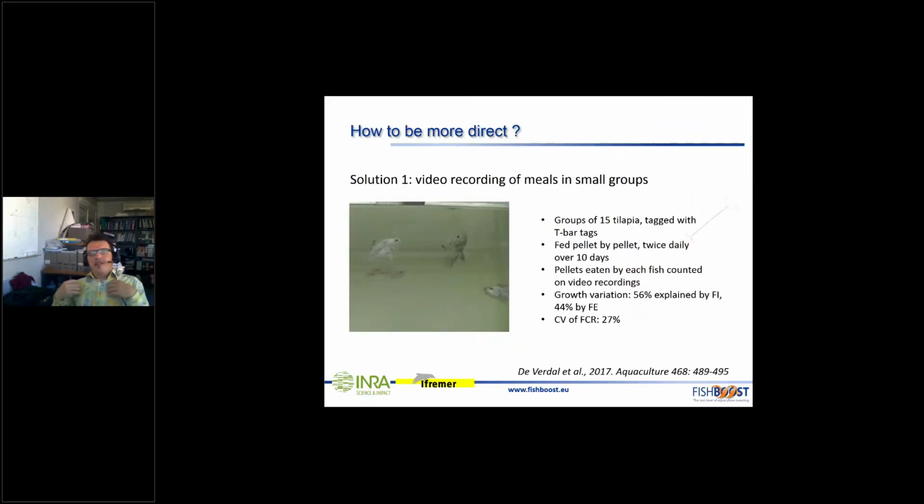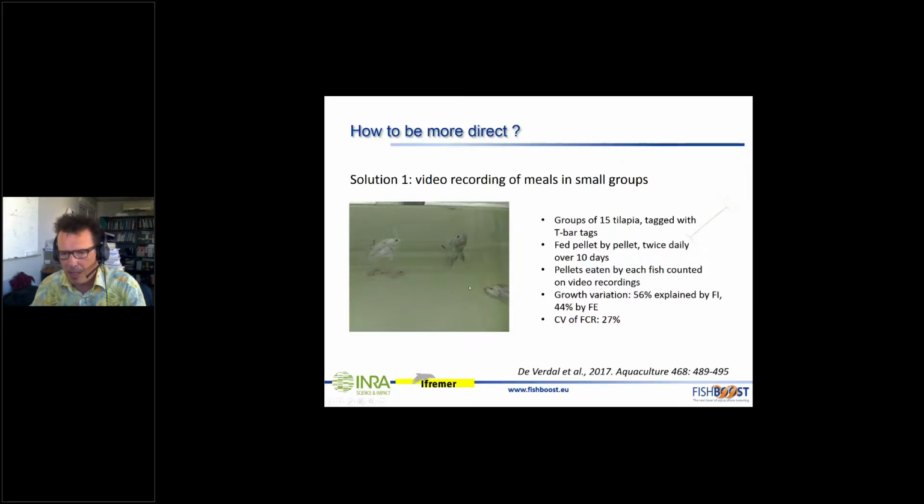Now, this is nice, but we also would like to be more direct. As Antti said, if we could measure feed intake, that would be perfect to do selection. One first solution that was tested by our colleague Hugues de Verdal from CIRAD is to video record meals of fish in small groups. This was done on tilapia, published in Aquaculture this year.